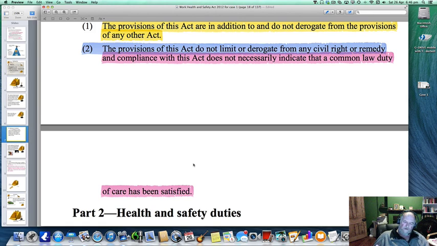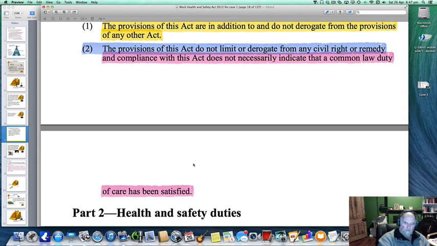So even if you do all the things that the Act tells you to do, you are still open, and this is the organisation, they don't generally sue individuals, this is the organisation for whom you work, is still liable to the possibility of an individual or another organisation suing in civil law for, as I said before, any civil right, which is basically negligence, okay, or a tort is really what it's about.